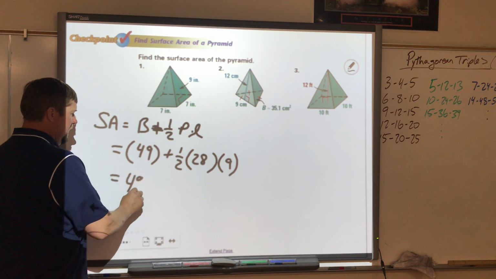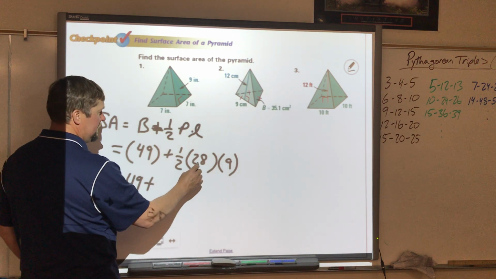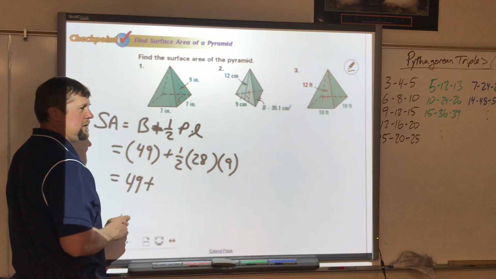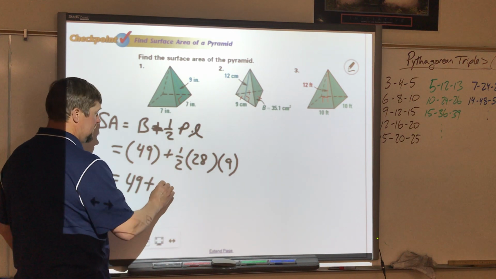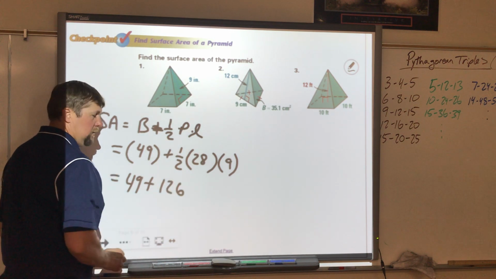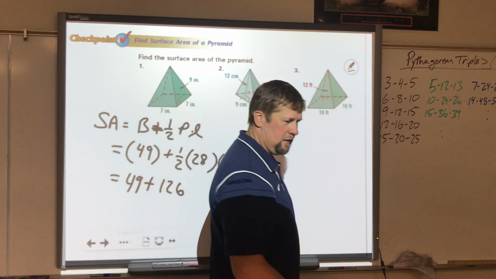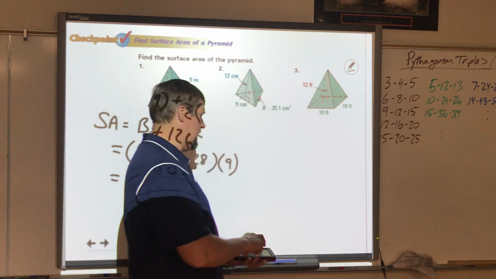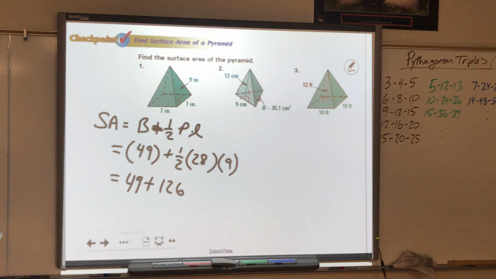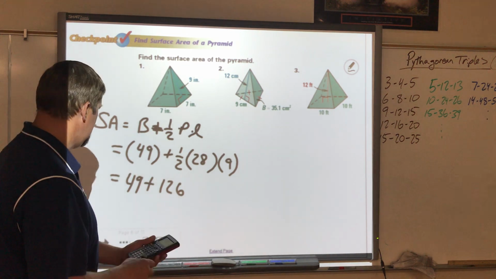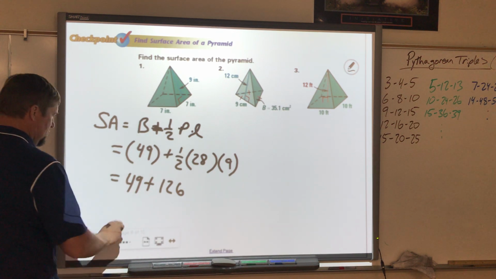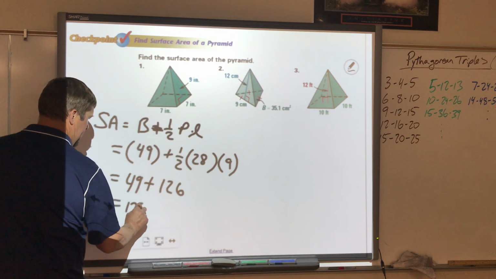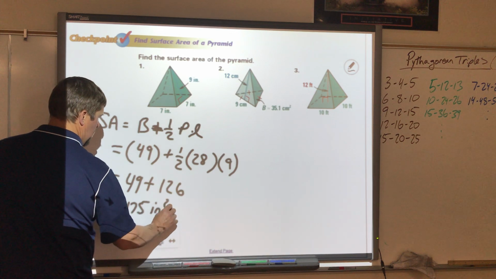So that's 49 plus 1/2 of 28 is 14. 14 times 9 is 126, I believe. Let's make sure of that. 14 times 9, 126. You add those together, and it's 175 inches squared.